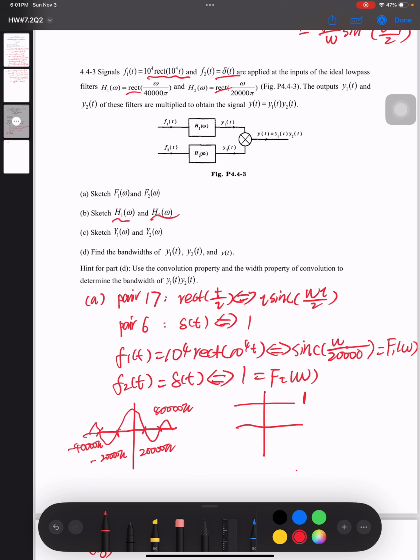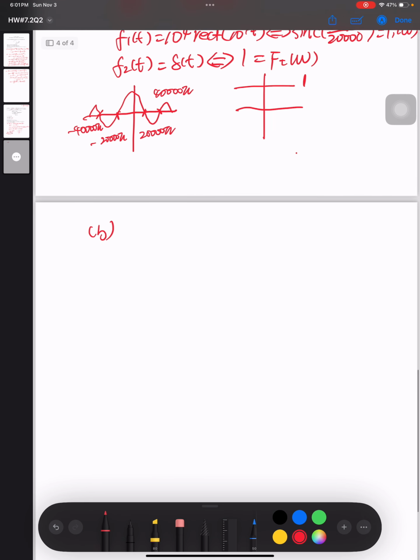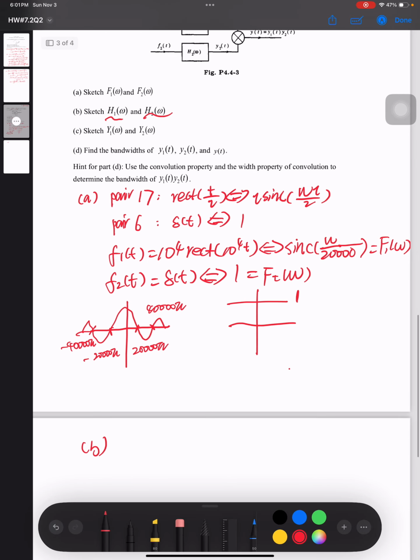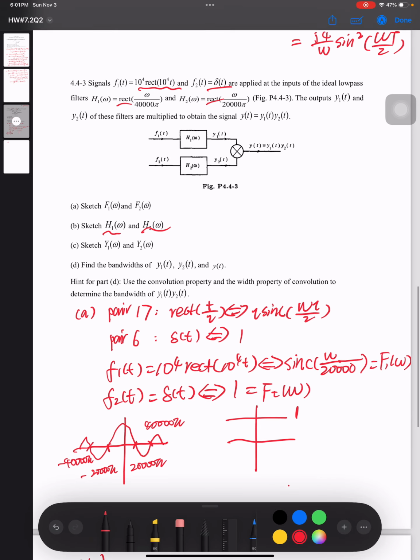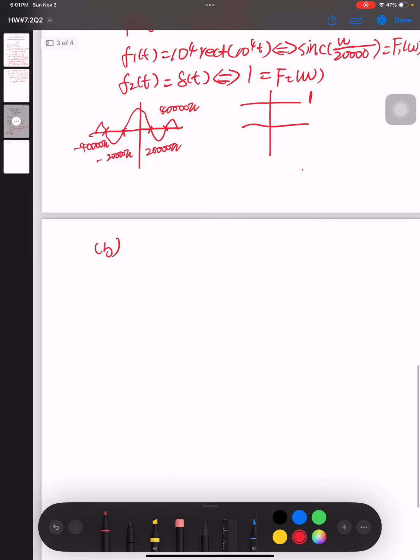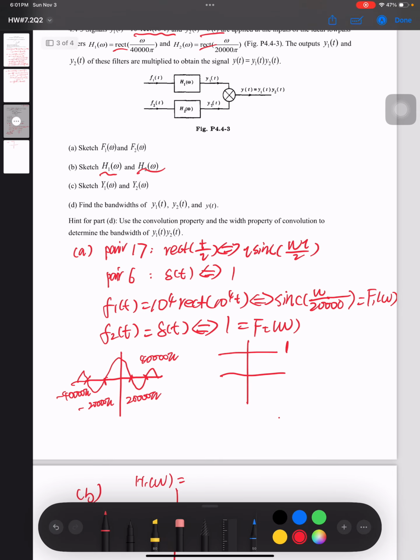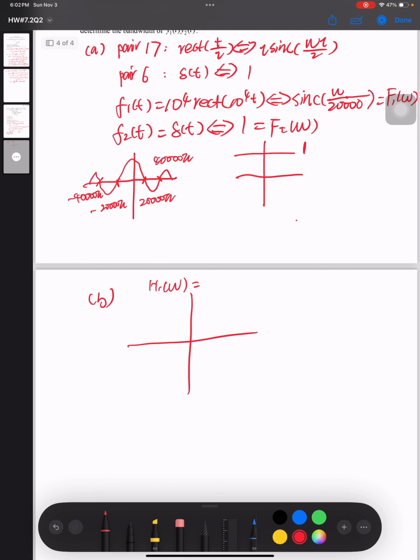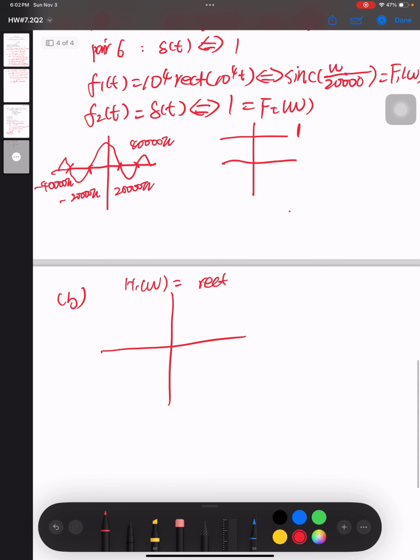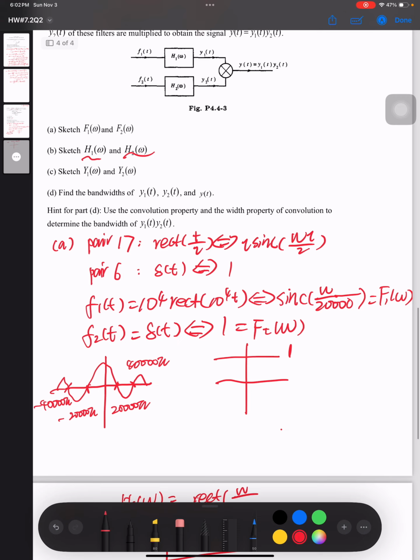So directly we just simply plot this rectangular function. For the h1 omega, it's already equal to rectangle omega over 40,000 pi.